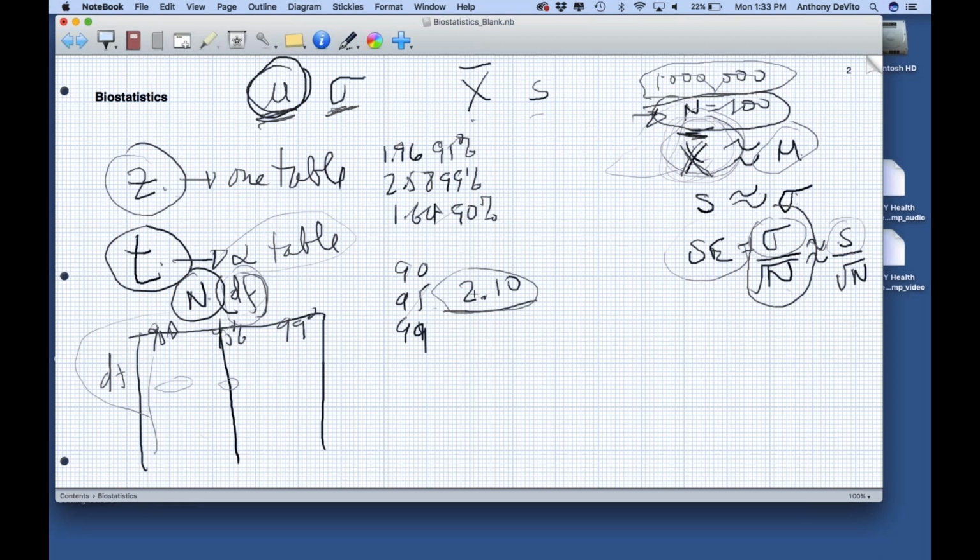Because since we're working with a sample, we're not as certain as to what the distribution is going to be for repeated samples. So we have to have a more conservative range than we would if we knew what sigma was, this population standard deviation. And the smaller the sample size is, the less certain we are, and the bigger this number gets.